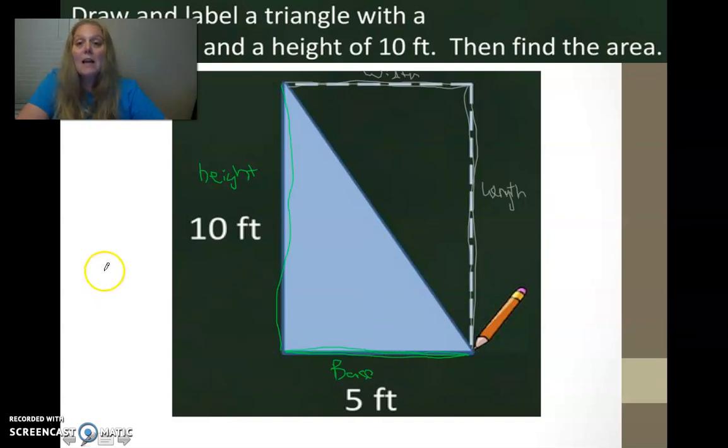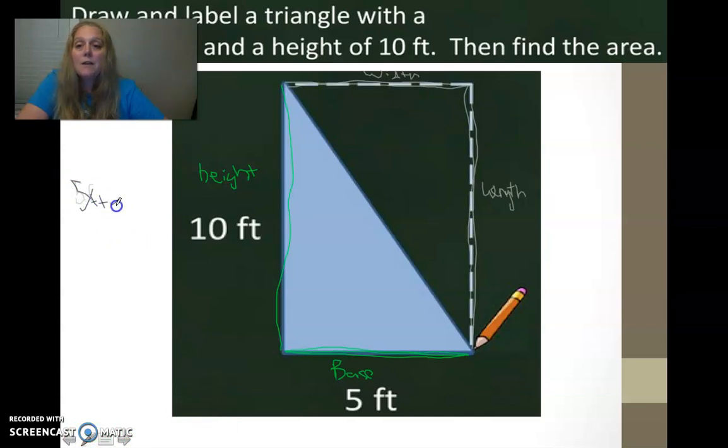So let's do that calculation. So we know to find the area, we have to multiply our length times our width. In this case, we're doing a triangle, so that's going to be our base times our height. So 5 foot, I don't know if you can see that very well. Let me change pens. So 5 foot times, oh, that's much better.